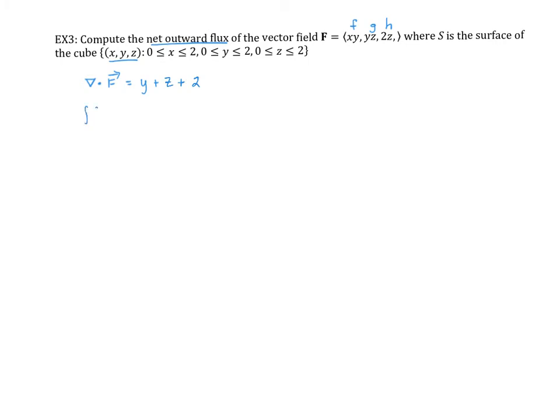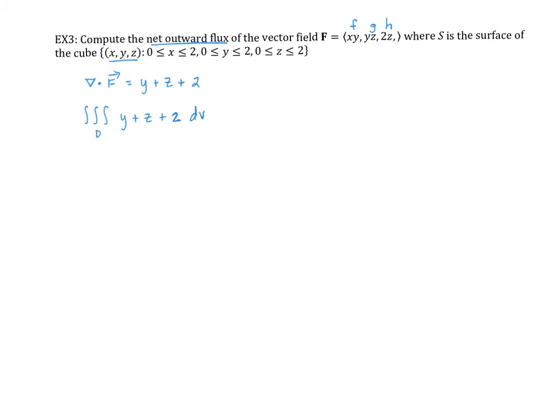And now my triple integral over D would be y plus z plus 2 dV. Oh, that's a 2. It looks like a z.